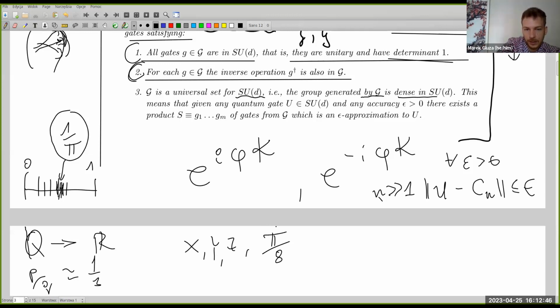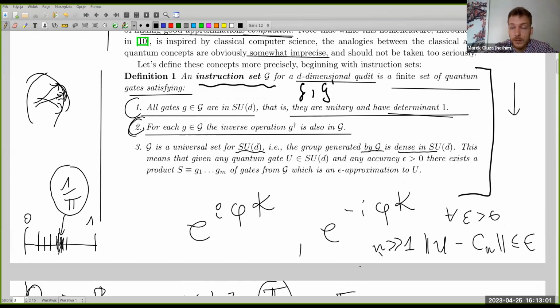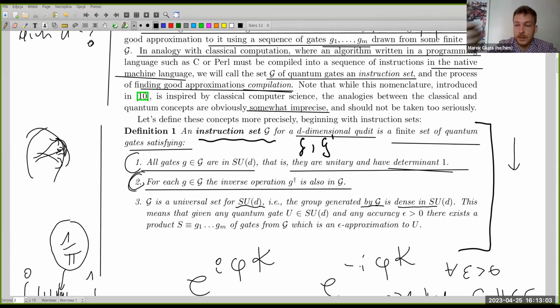And this pi over 8 rotation will be adding a new factor, so we can always get maybe P over 2 to the power K rotations. And once we have this, we have a binary approximation to some fraction. So it's very similar actually to this. Dense is, again, not by accident written here. It's a really good paper.